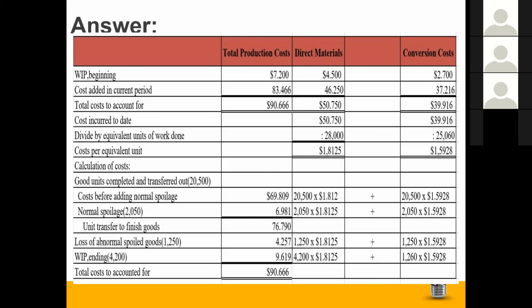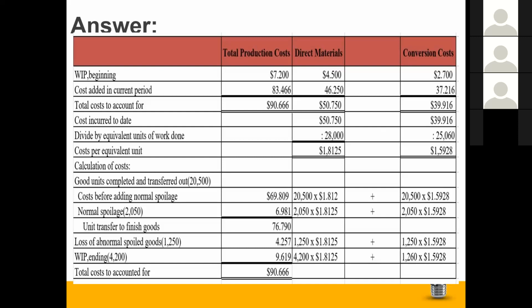This will be divided by the equivalent unit of work done, in the amount of 28,000 for direct material and 25,060 units for conversion cost. And then in direct materials, the result would be 1.8125, and in conversion cost 1.59. And therefore, we go to the calculation of cost. Good units completed and transferred out in the amount of 22,500.